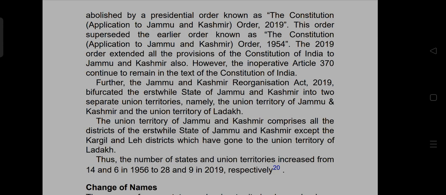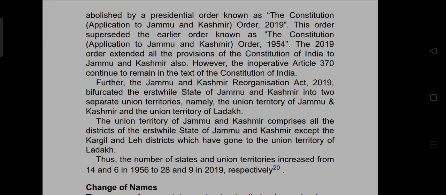The 2019 order extended all provisions of the Constitution of India to Jammu and Kashmir also. However, the inoperative Article 370 continued to remain in the text of the Constitution of India.